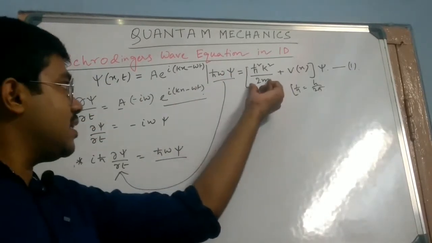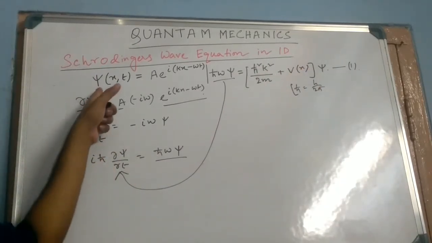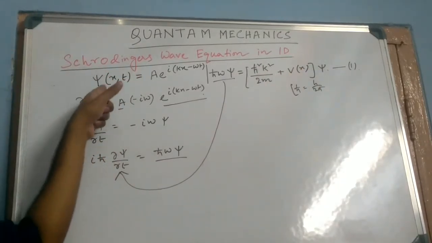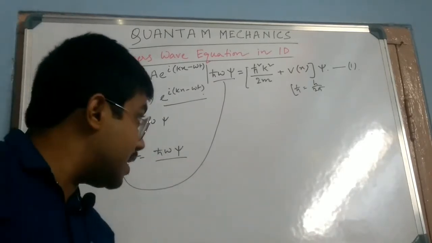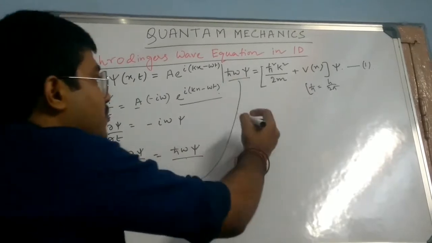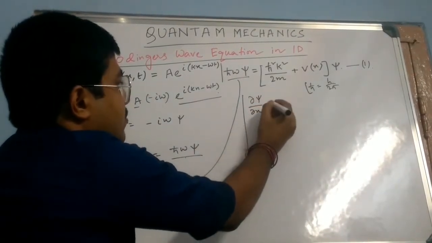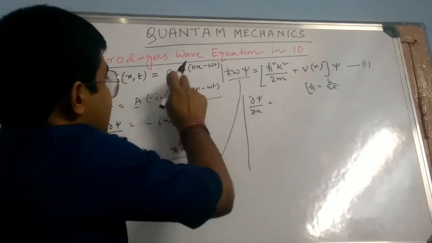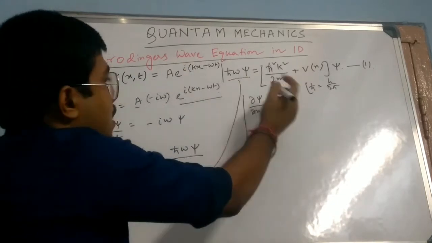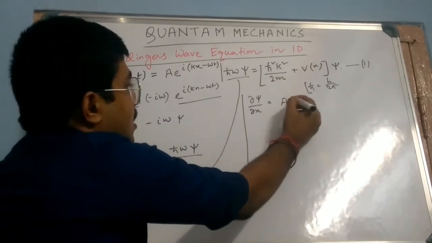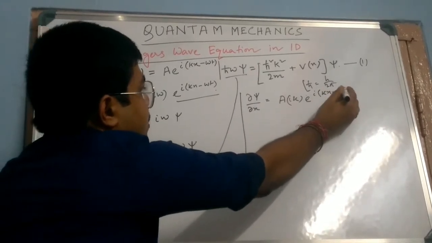Now what about this thing, h cut square k square by 2m into psi. We differentiated psi with respect to t, but psi is a function of x as well, the position. So we differentiate psi with respect to x, the partial derivative, and ik comes out, so ik into e to the power i(kx minus omega t).